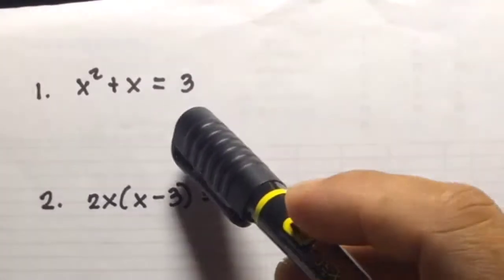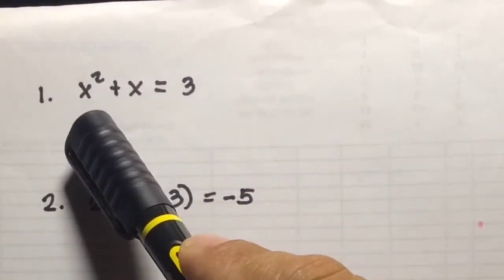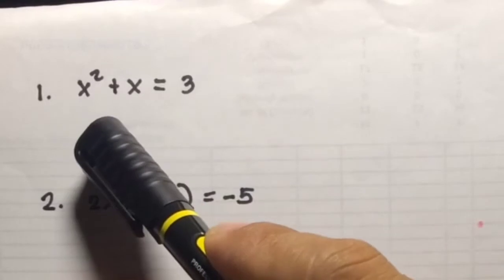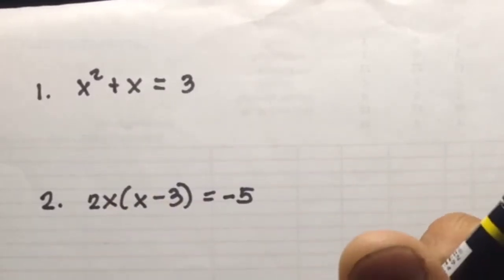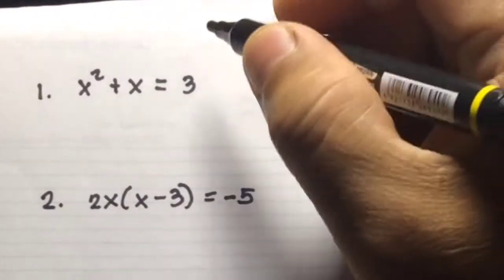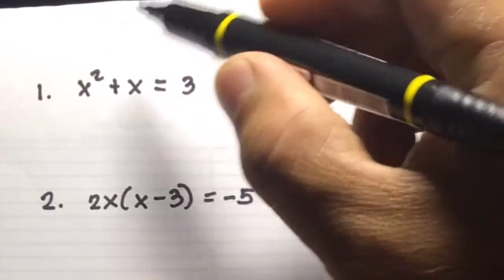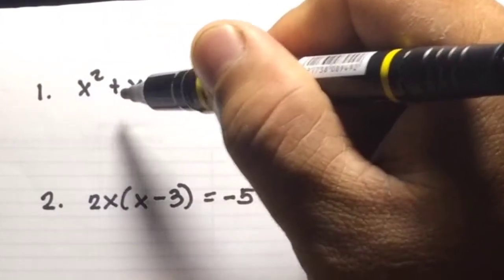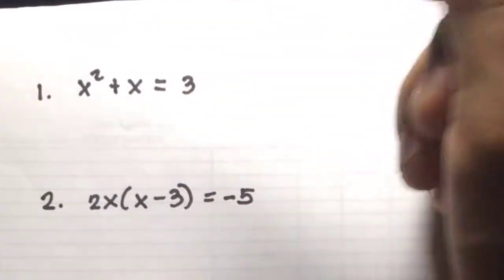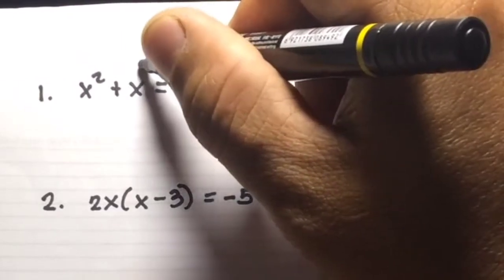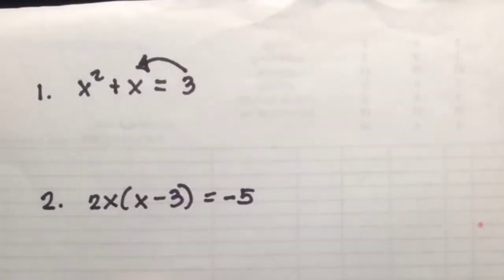So for number 1, x squared plus x equals 3. If we're going to write this in its standard form, we're going to make the right side equal to 0, and all three terms should be found on the left side of the equation. So we're going to transpose 3 to the left side.